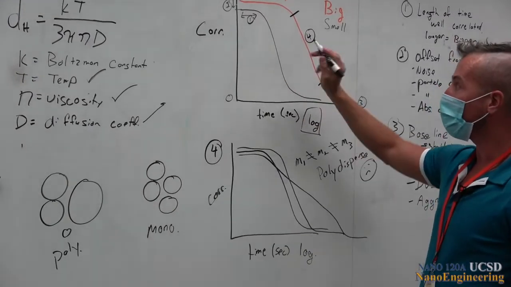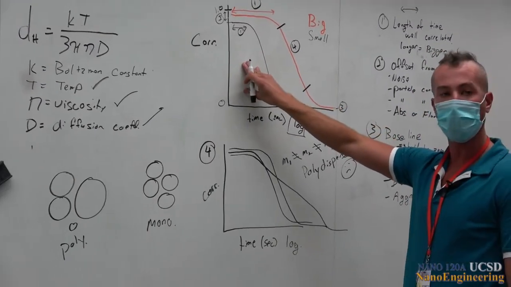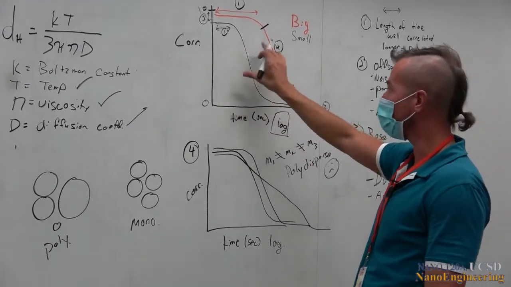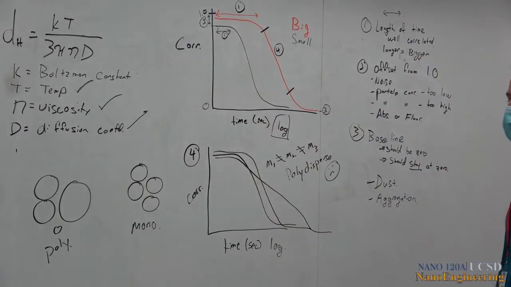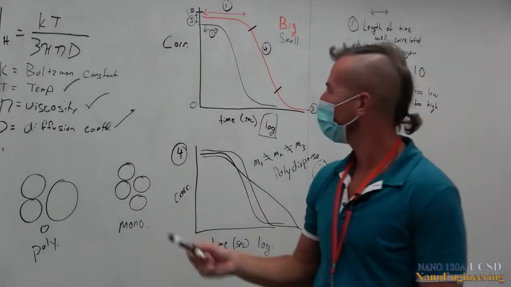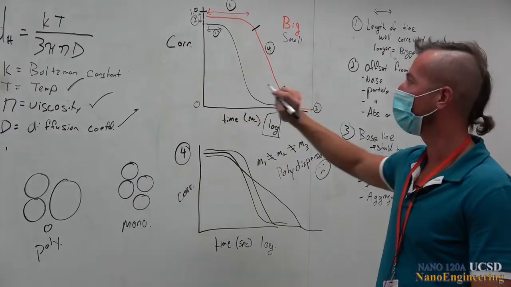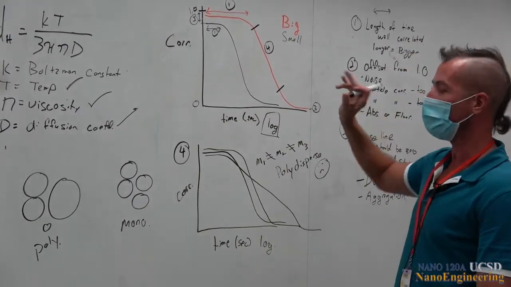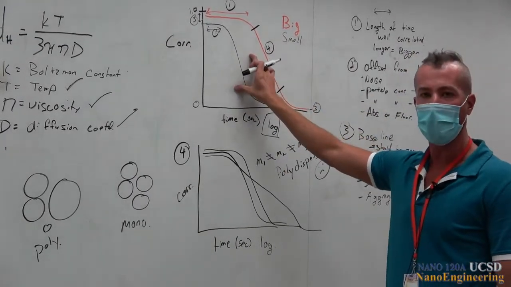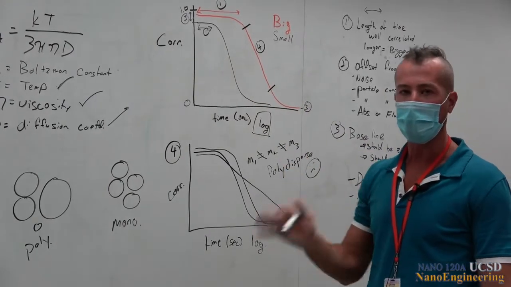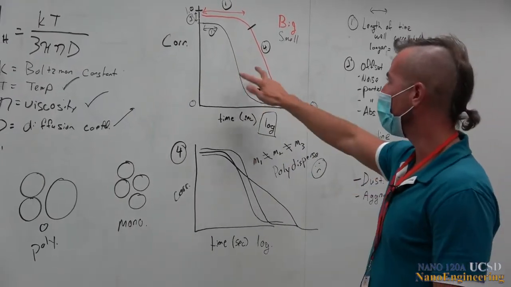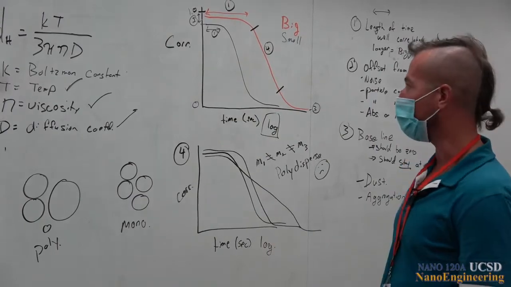So that's why, like I said, people also call this photon correlation spectroscopy. I used this technique for years without really understanding this, because the instrument always showed me this, and I was like, whatever, just tell me the size. But it's actually really useful to understand this.